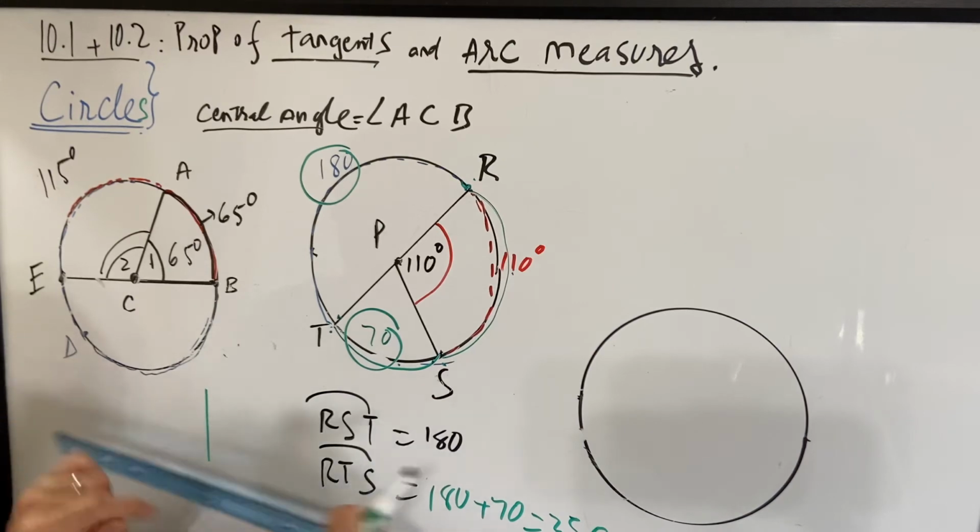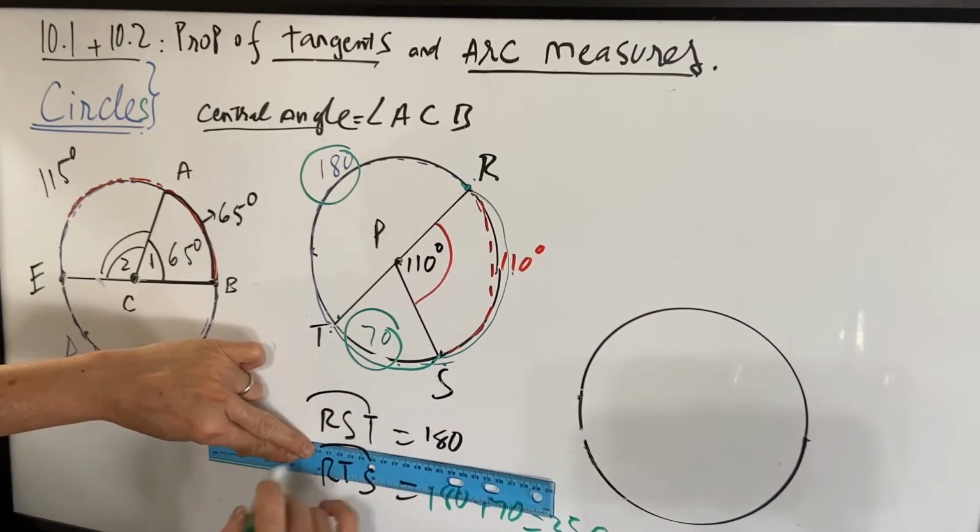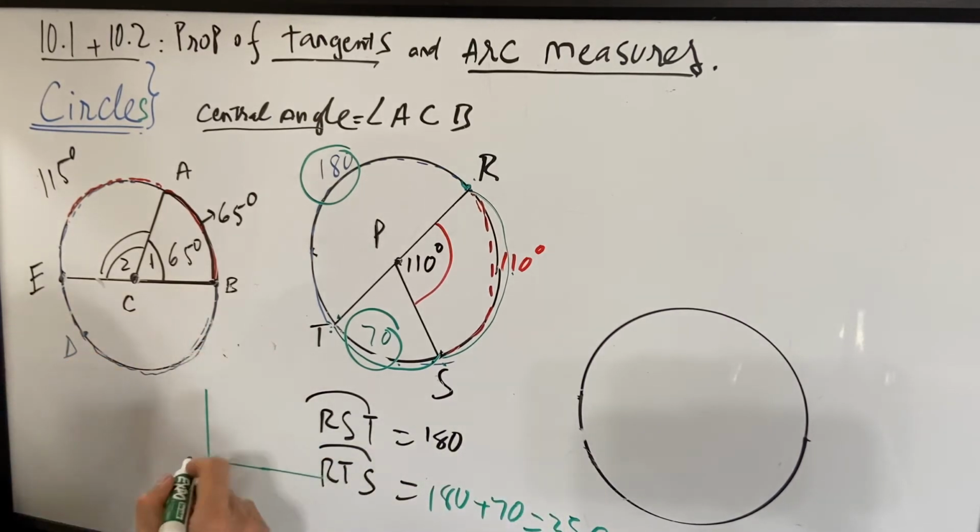I just made a right angle, and that is 90 degrees. Suppose this is the center of a circle, O, and the radius is right here, and this arc AB has two points on it.